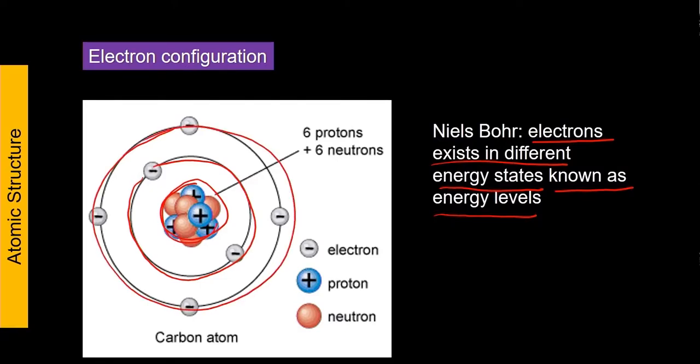The electrons with the lower energy state will be in this first level, and we call it N equals 1. The next energy level would be N equals 2, and that would be the electrons that have got a higher energy state.